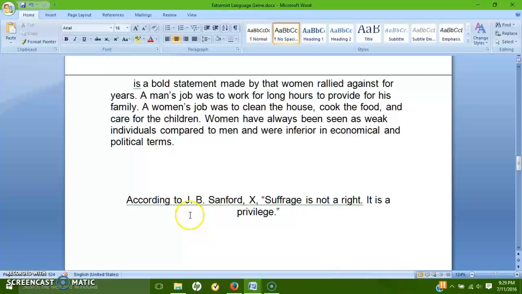This is the introduction part. The according to or Sanford argues, Sanford says, quotes, those attributive tags that I already mentioned. Have this here, and then your quote, and then ideally we would have some sort of citation here. So I think this was just a quote from the web, so I would just put a period there.